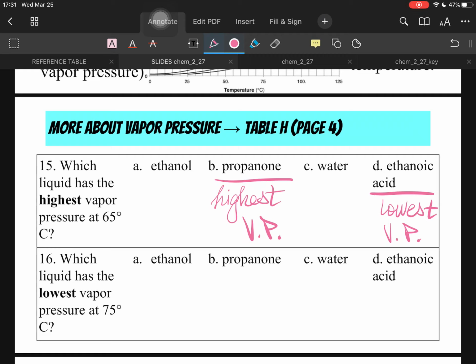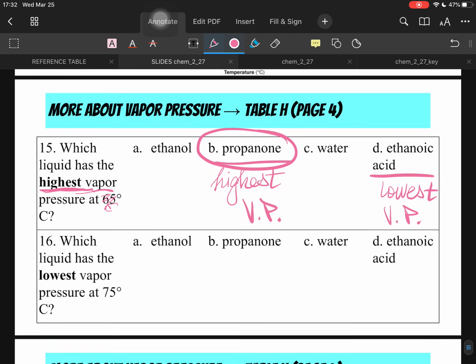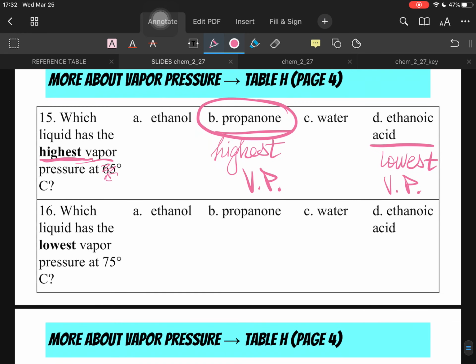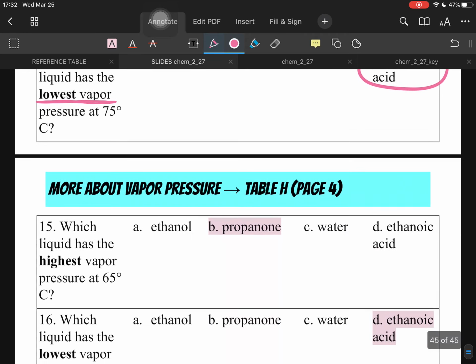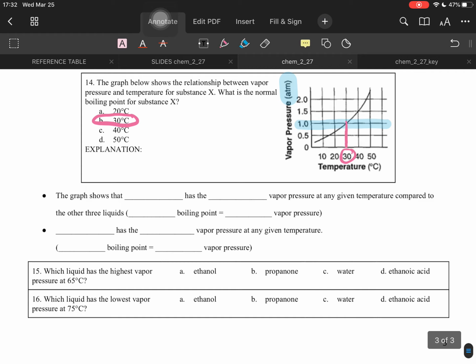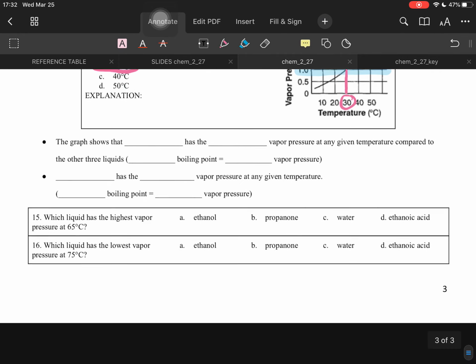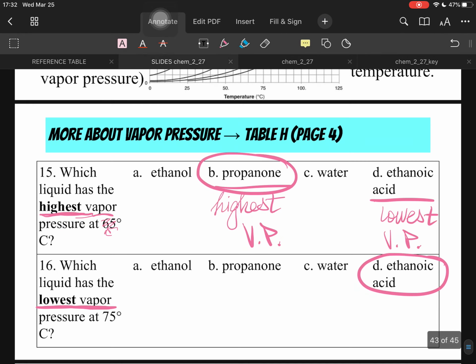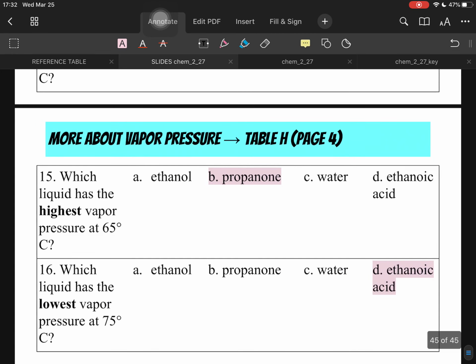So for this one, which liquid has the highest vapor pressure, temperature doesn't matter, right? It always has the highest vapor pressure of all four of them. And like I said, which liquid has the lowest? Ethanoic acid is always going to have the lowest vapor pressure no matter what temperature you're at. Yep, and those are just the answers to those.